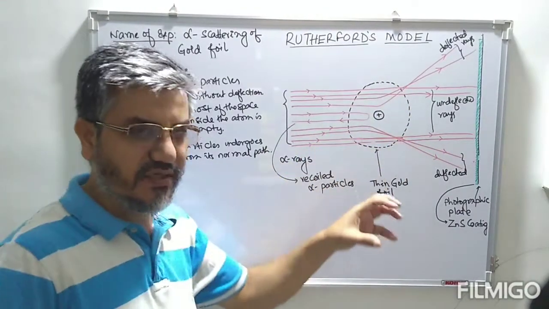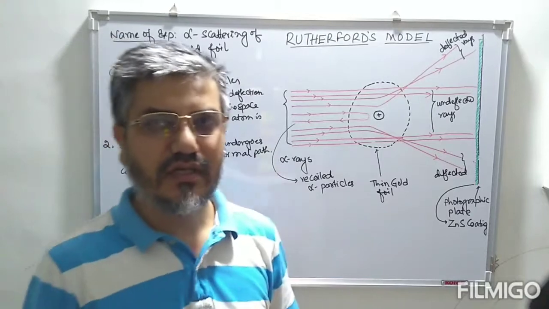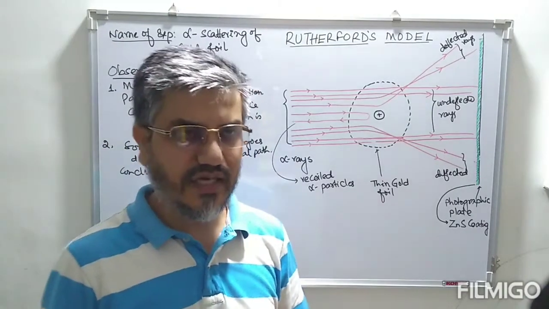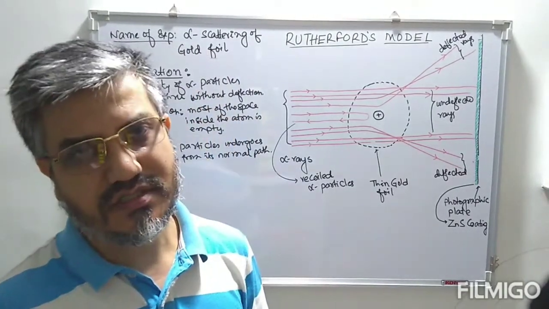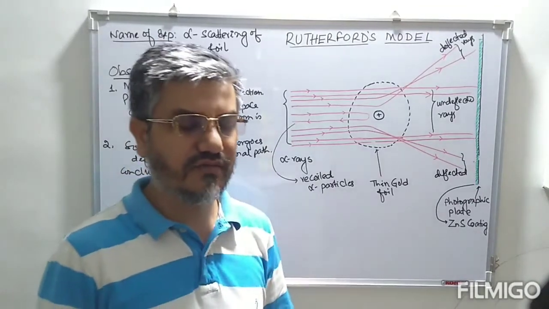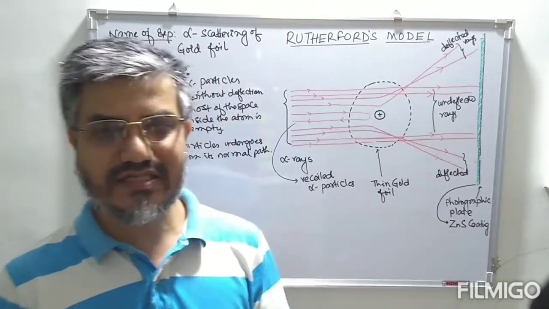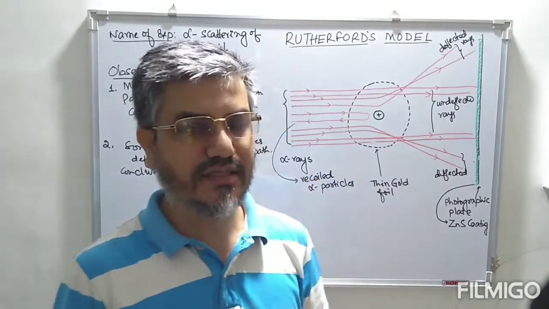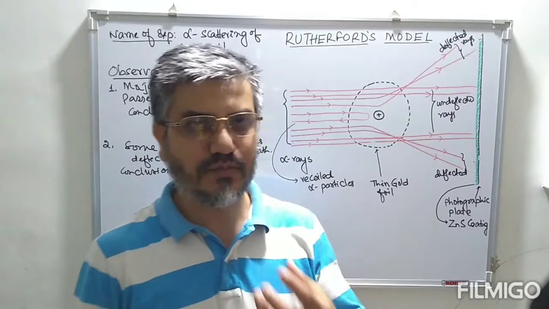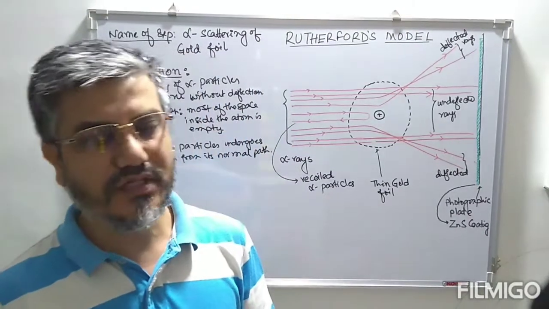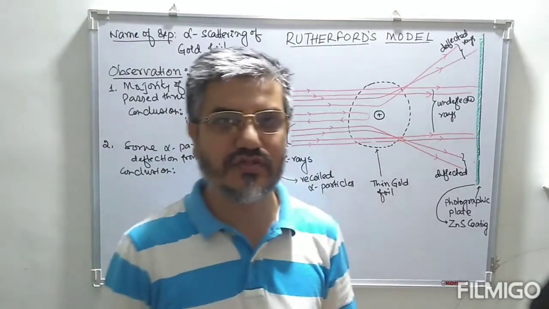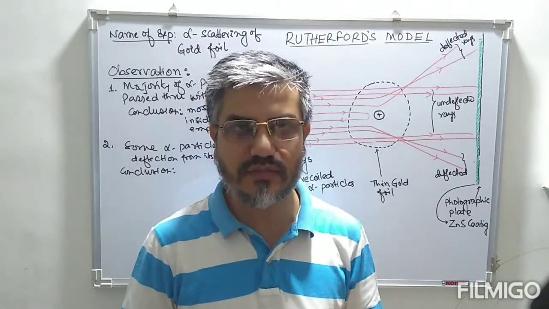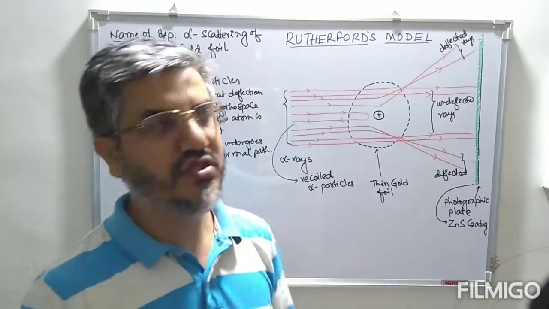So there must be something positively charged inside this atom, and that is what we define as the nucleus. This nucleus is placed exactly at the center of the atom, and its positive charge is due to the presence of protons, the fundamental particles which are positively charged.